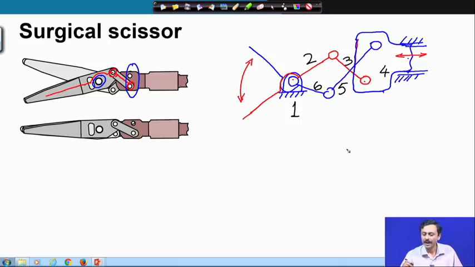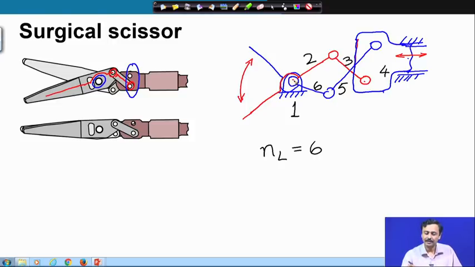So, now we have 6 links. And how many kinematic pairs? Between link 2 and ground there is one kinematic pair. Between link 6, which is the other blade, and ground there is another kinematic pair.